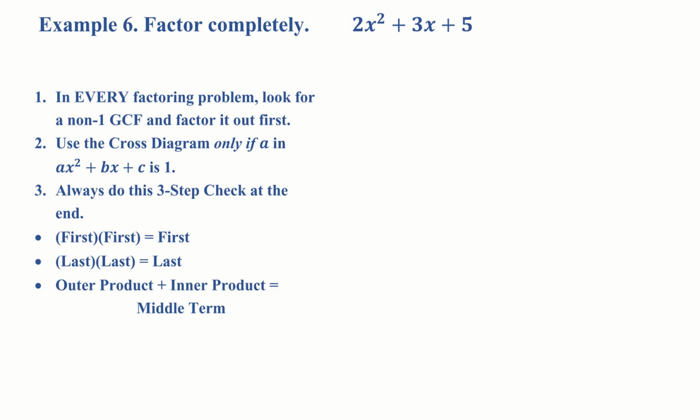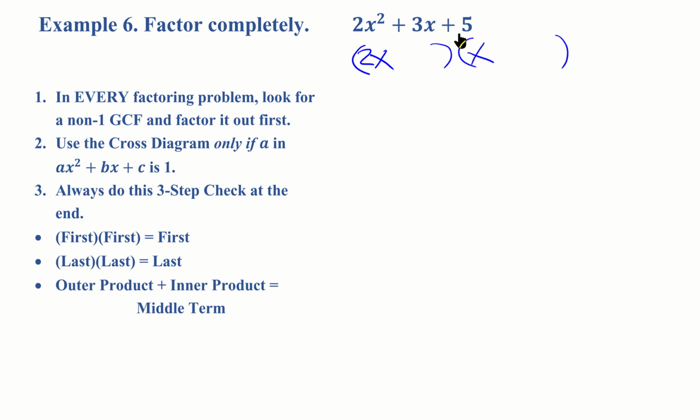Okay, so here we have another one. We're going to go ahead and try it. So we're going to look for two expressions whose product is 2x squared. 2 is a prime number. That shouldn't be too hard. So 2x and x.